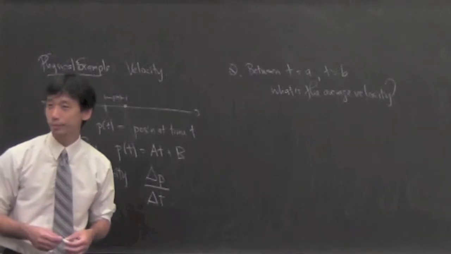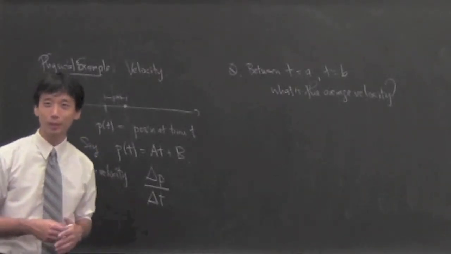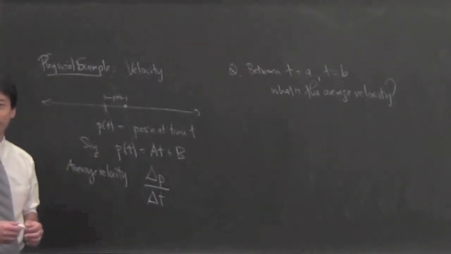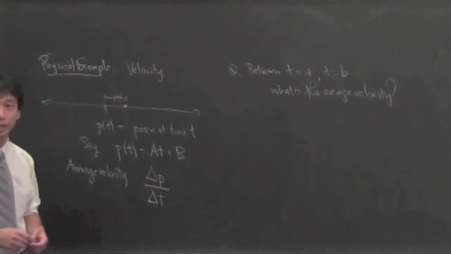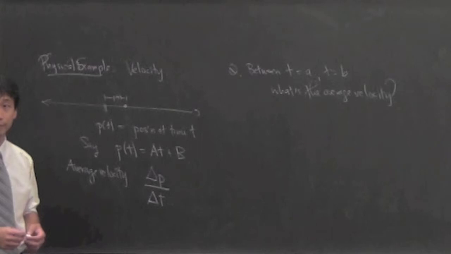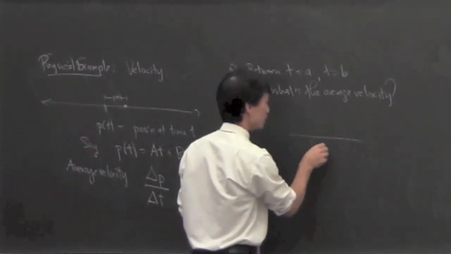What's the average velocity? Well, it would be the change in p over the change in time. The change in time would be b minus a.